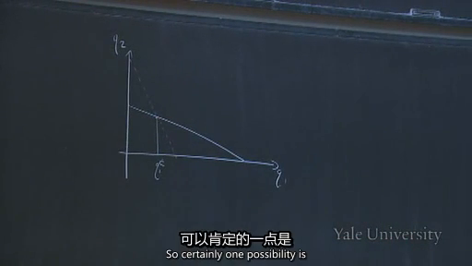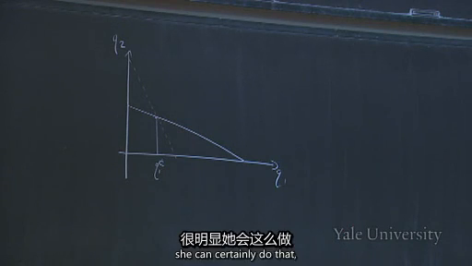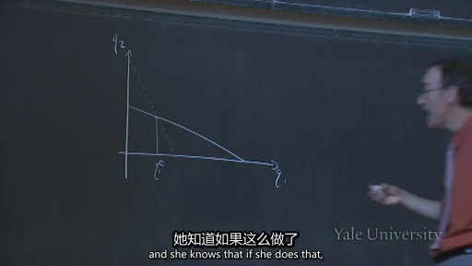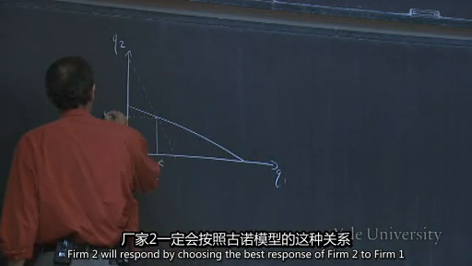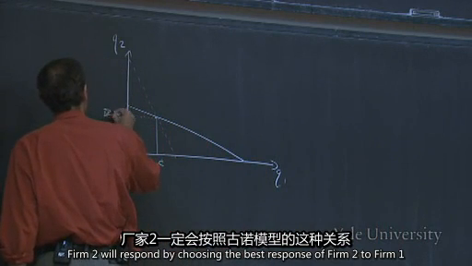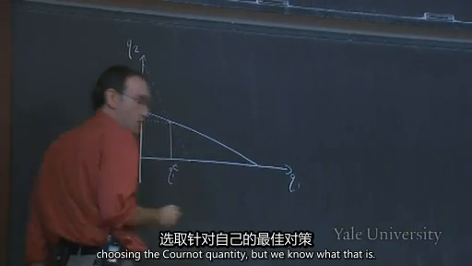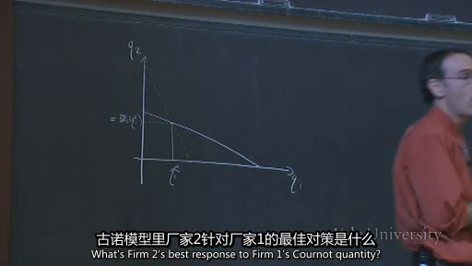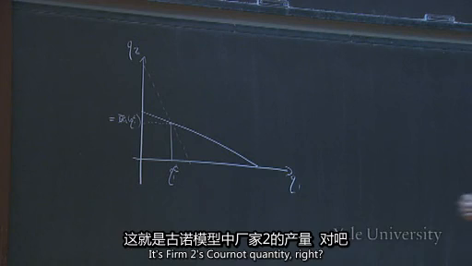So certainly one possibility is that firm 1 could choose her Cournot quantity. She can certainly do that, and she knows that if she does that, firm 2 will respond by choosing the best response of firm 2 to firm 1 choosing the Cournot quantity. But we know what that is. What's firm 2's best response to firm 1's Cournot quantity? It's firm 2's Cournot quantity, right?